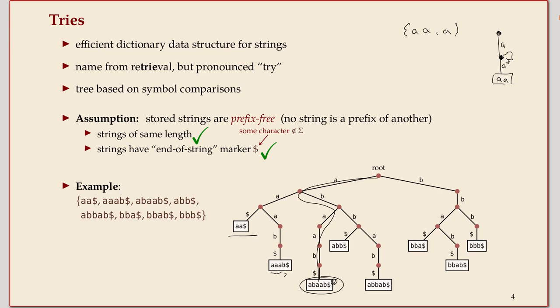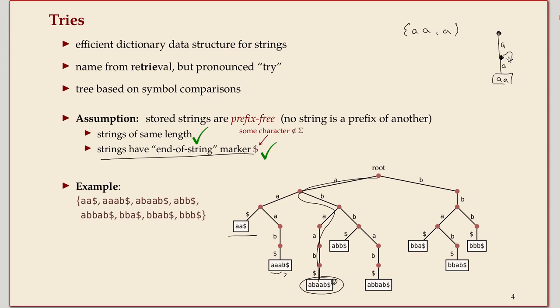The easiest way to deal with this is to always force the strings to have this end of string marker. Another way to say it is the set of strings is prefix free. No string is a prefix of the other. As long as we guarantee that, we will never have the situation that we'd like to store a key in an internal node.